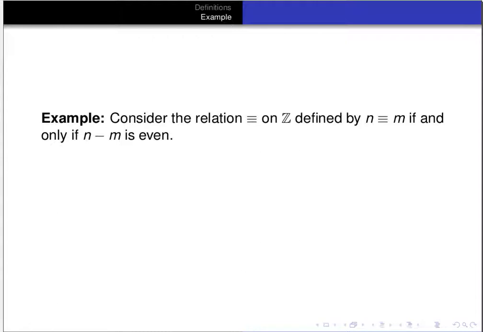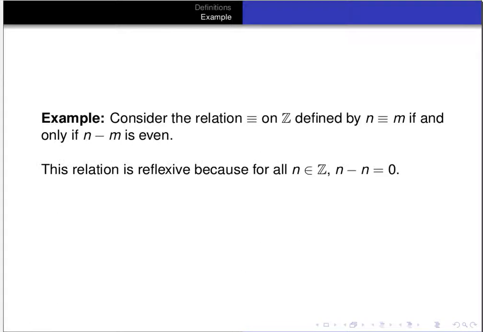So first let's do reflexivity. We need to prove the relation is reflexive, that for any integer n, n is always related to itself. So we need to prove that n minus n is always even.